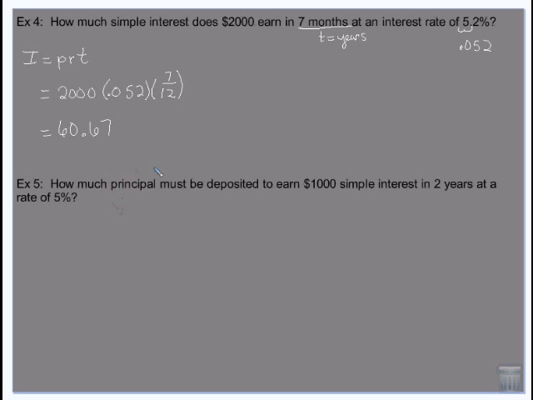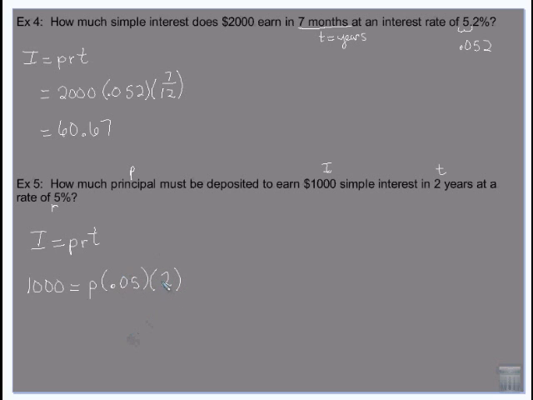Okay. We can go the other way too. We've got principal. This is my interest. This is my time, and this is my rate. So I equals PRT. So I'm going to plug in what I have. Interest is $1,000. I don't know what principal is. My rate is 0.05, and my time is 2 years.